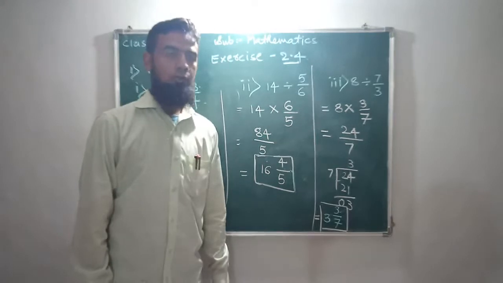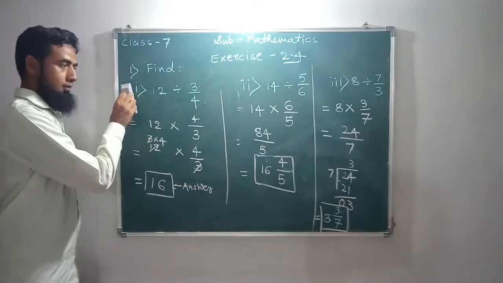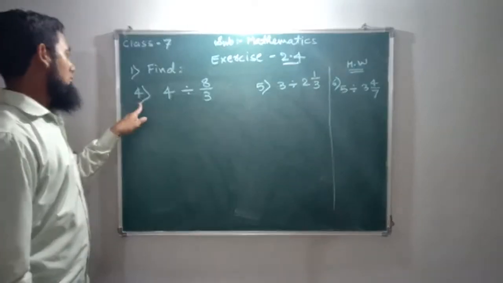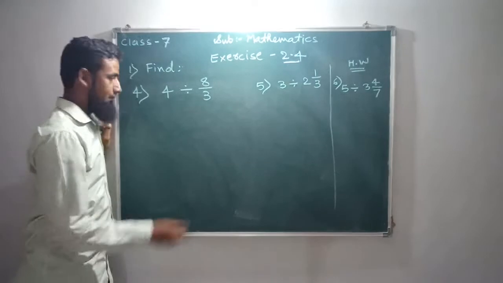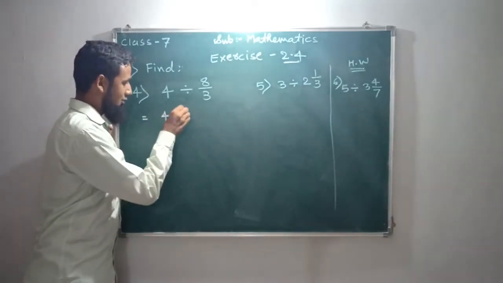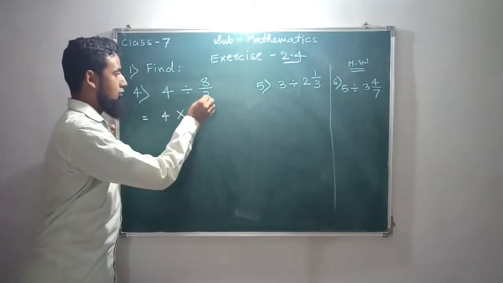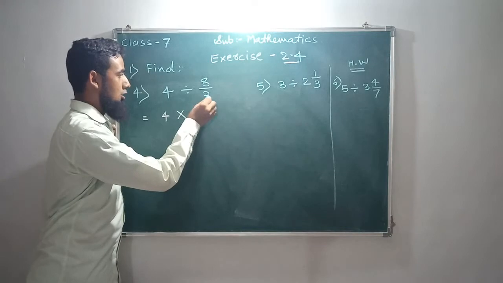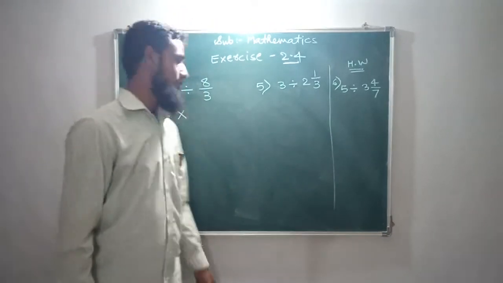Now we will move on to question number 4. 4 divided by 8 upon 3. So what we have to do: we will convert division into multiplication symbol. We are changing places of denominator and numerator.